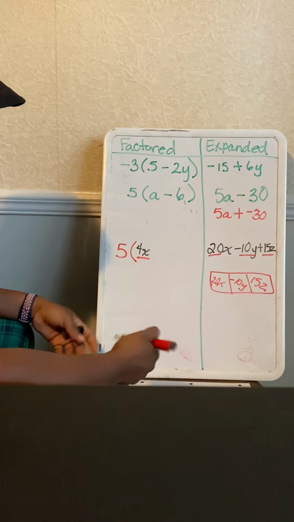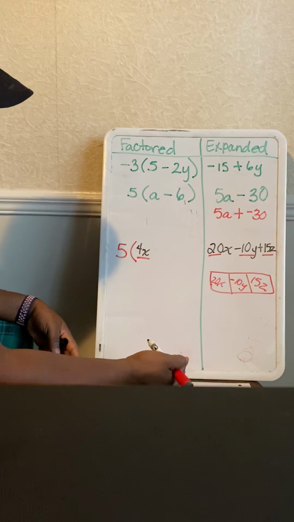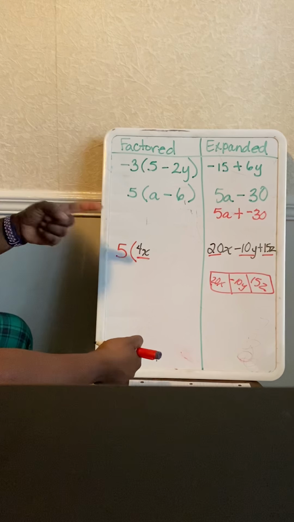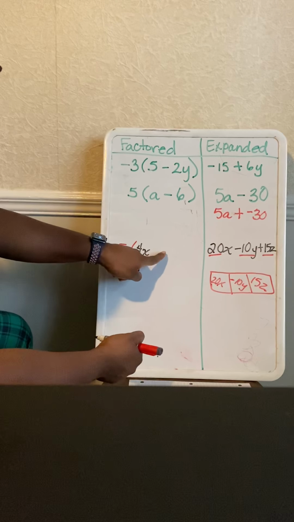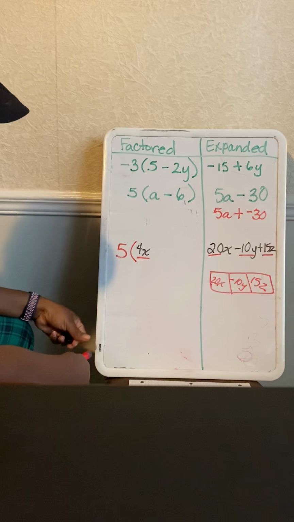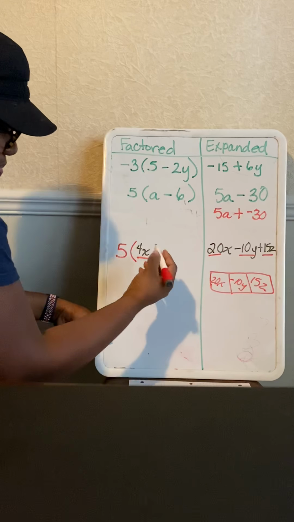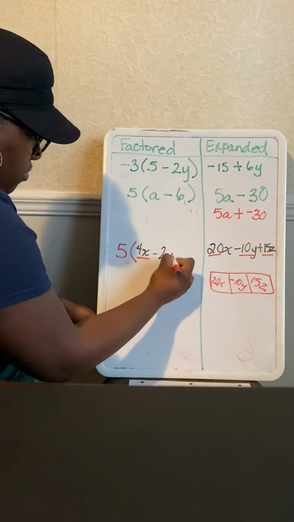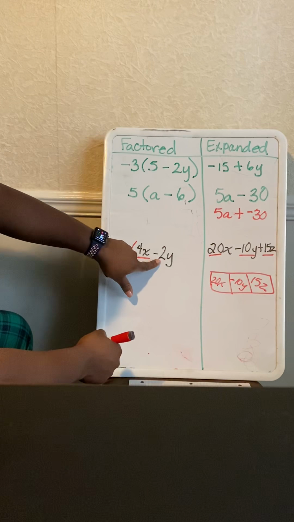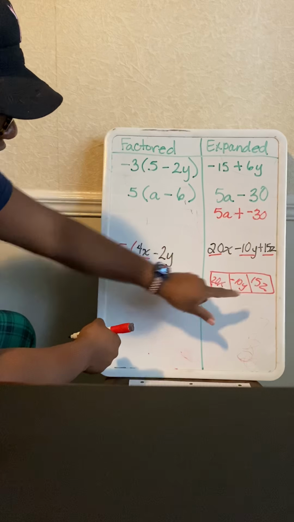So now let's keep working backwards. I can say plus what would give me negative 10y? Well, I know it has to be a positive multiplied by a negative in order to get negative 10y. So what number would that be? That would be minus 2y. So 5 multiplied by negative 2y should give me negative 10y.